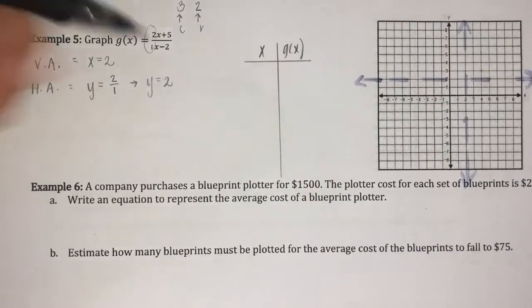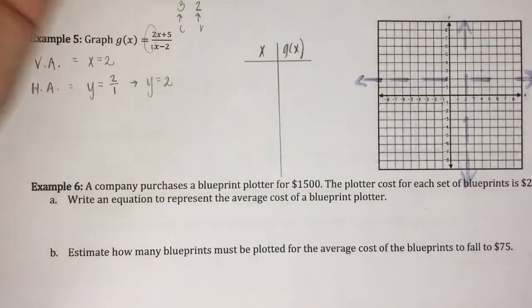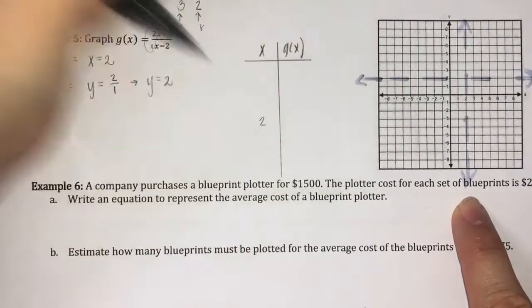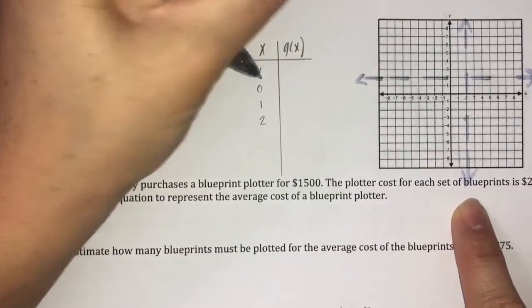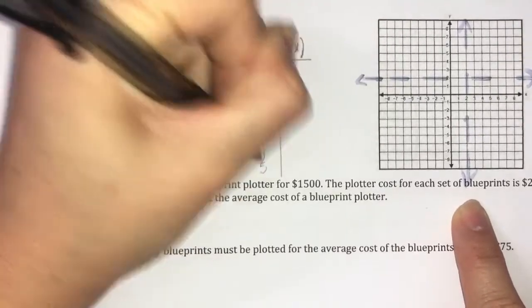So I'm gonna pick 7 numbers, but our vertical asymptote is gonna go in the middle, so x equals 2 will go right in the middle. And then we'll go up to 1, 0, -1, and then down to 3, 4, and 5.